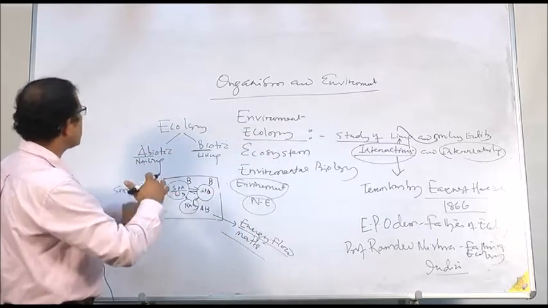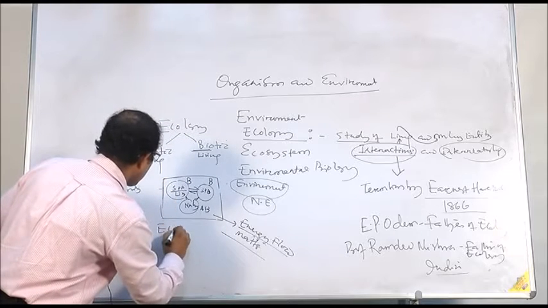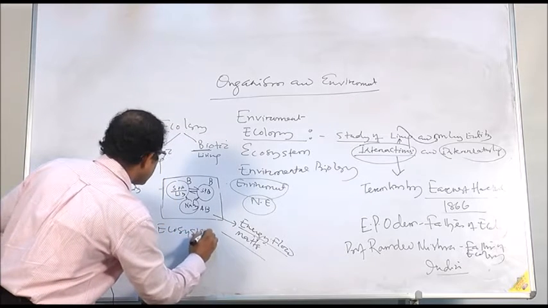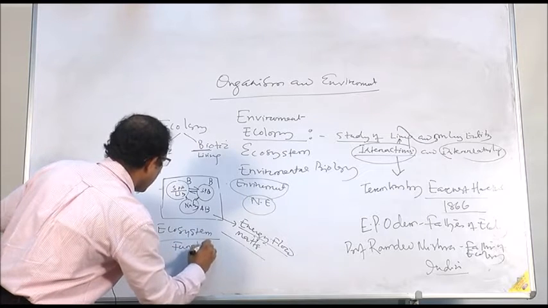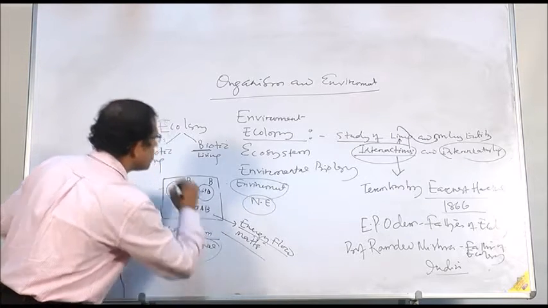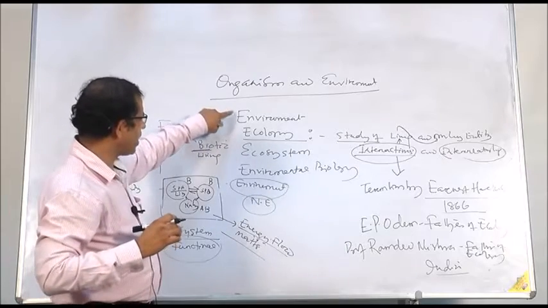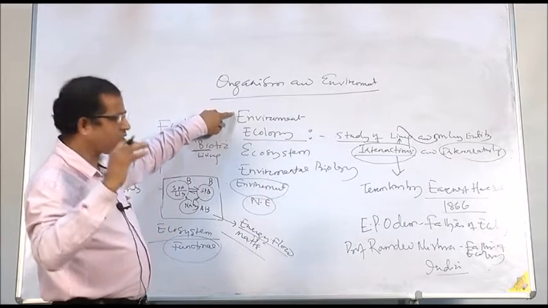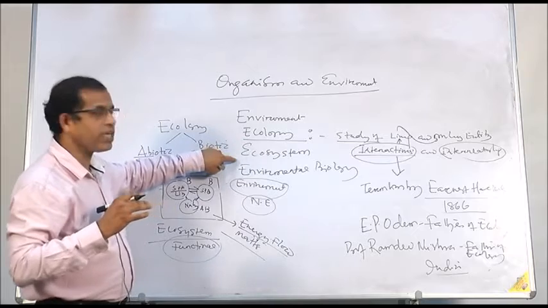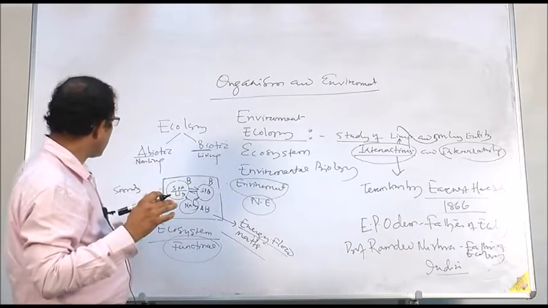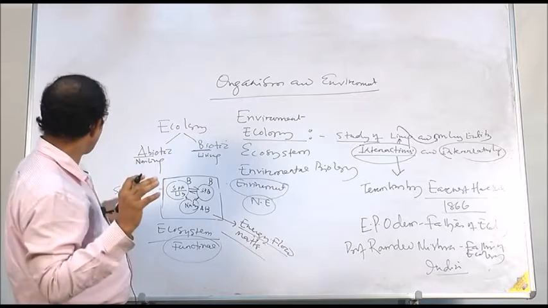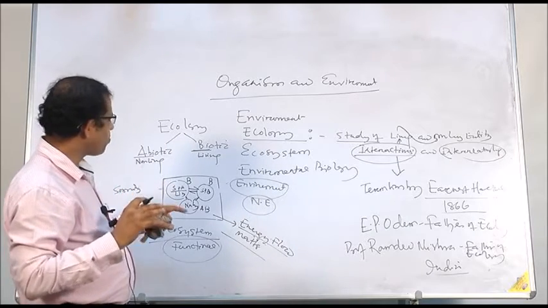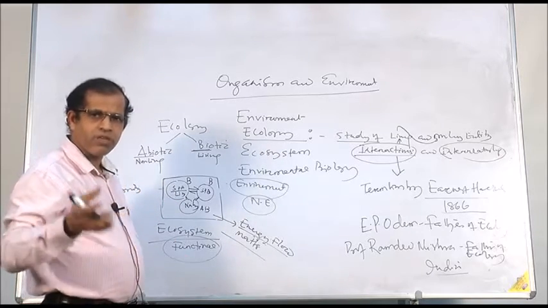So when I talk about the ecosystem, which is a broader term, I am getting the functional aspect. Moving from the environment to ecology and then to the ecosystem, it is the functional aspect of ecology, where there is a production and flow of energy.